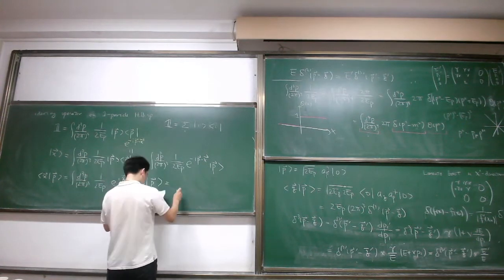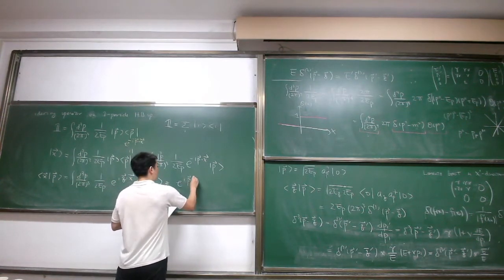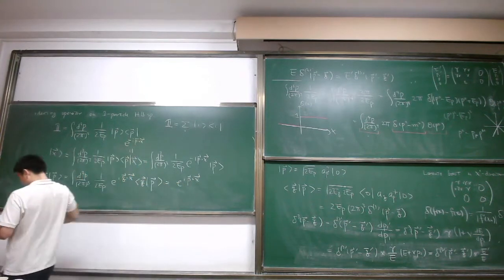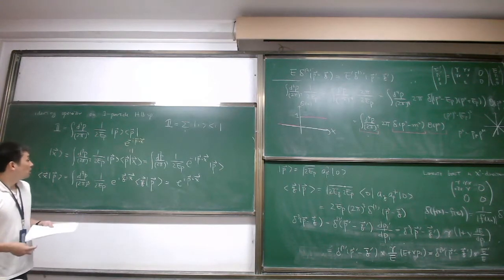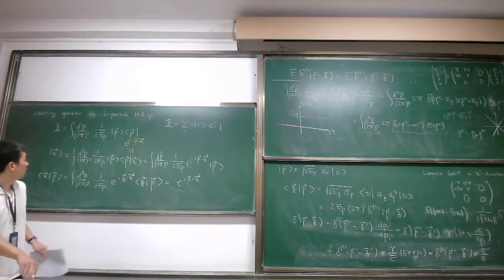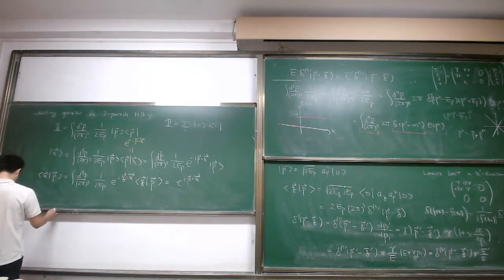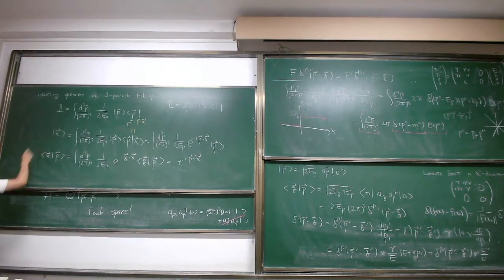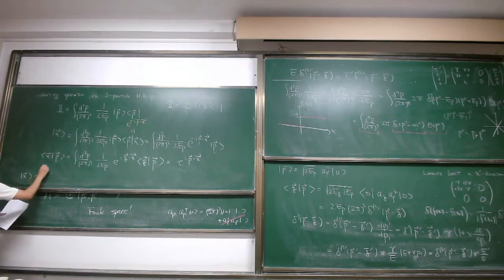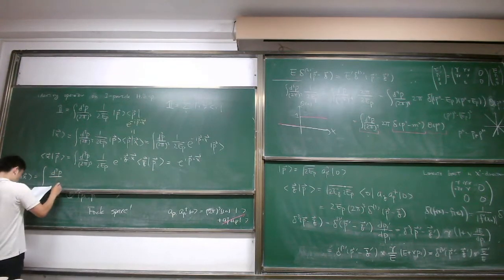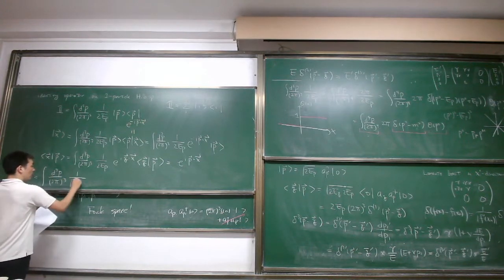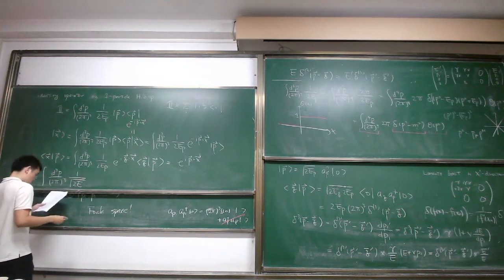This is equal to e to the plus i P dot X, the complex conjugate of this one. That's the rule. Then we want to be a bit more careful about this state of X, which can be understood as follows. You can just write it down. So now you understand why I put this square root of 2 EP over there.